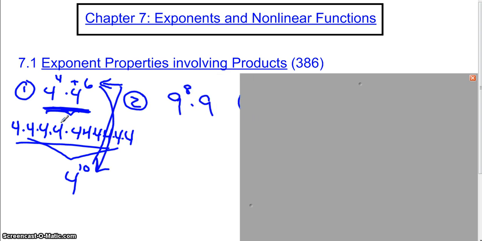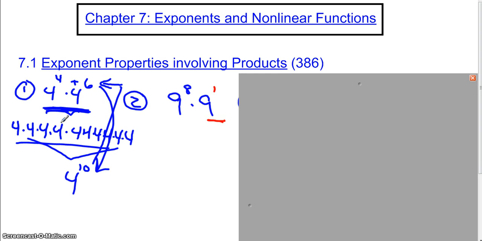So let's see if you can do it with this one. This one says 9 to the 8th times 9. This is a little trickier because the second term does not show us an exponent. So you have to know how many 9s are in this second term here. How many? 1.